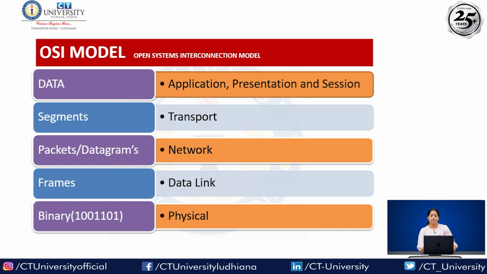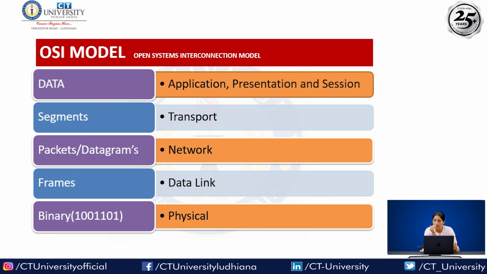Now, data means the number of applications. Data is basically called a collection of similar types of files. Application, presentation, session, these come in the data. Segmentation comes in the transport layer, meaning data is divided into different segments for its movement, and that data is divided into a number of packets.